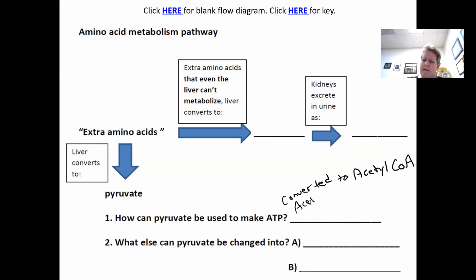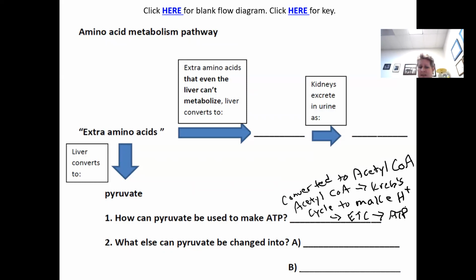Acetyl-CoA enters, I'll just put Krebs cycle, to make hydrogen ions. I'll just put this. And then you have the electron transport chain to make ATP.